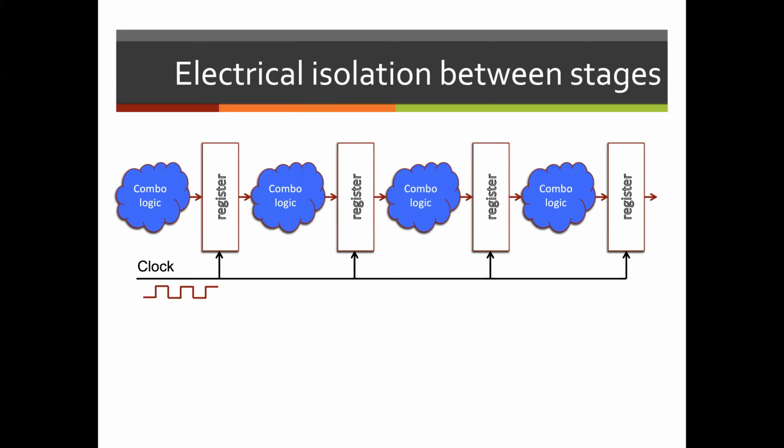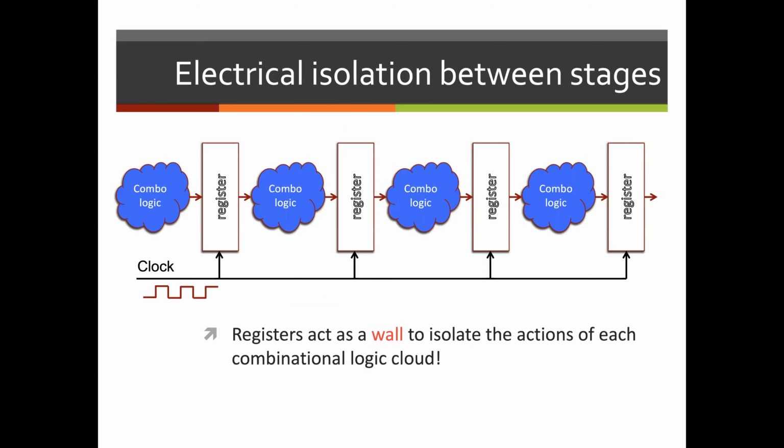And so we want to use the registers to act as a wall to isolate the actions of each combinational logic cloud that we're going through. Each stage is working on a different instruction.